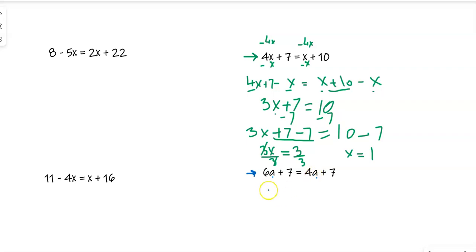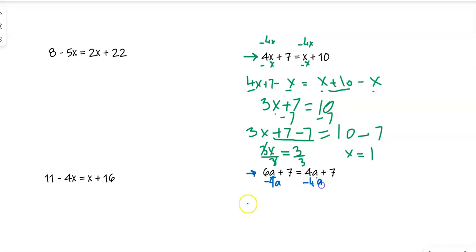So if we subtract 6a, we will get rid of the variable on the left side, but on the right side, we're going to have 4a minus 6a, which will give us negative 2a. So it will be much easier to subtract 4a on both sides. So we're not going to go into a negative.